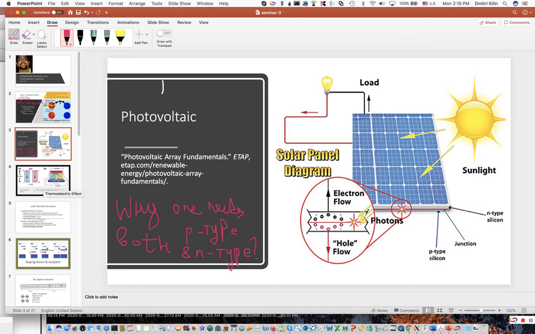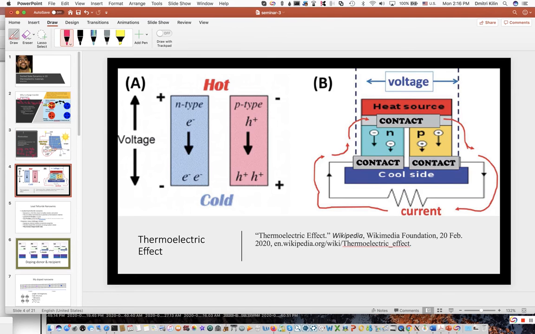All right. So what I'm studying for my thesis is the thermoelectric effect here. You have your hot side and your cold side. On one side you have an excess of the electrons or electron holes, and on the other side you have your cold side.